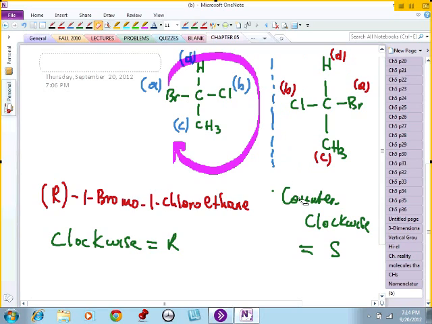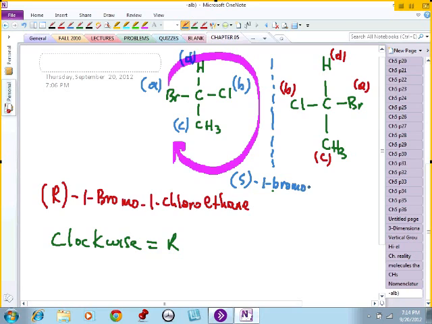Exactly. So the name becomes S in parentheses, 1 bromo, 1 chloro, ethane. So whenever one enantiomer has one absolute configuration, the other enantiomer will have the opposite configuration. You only have two choices, R or S.